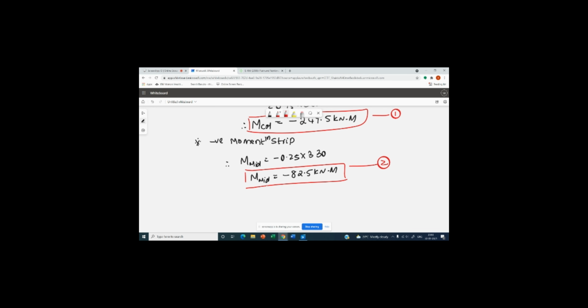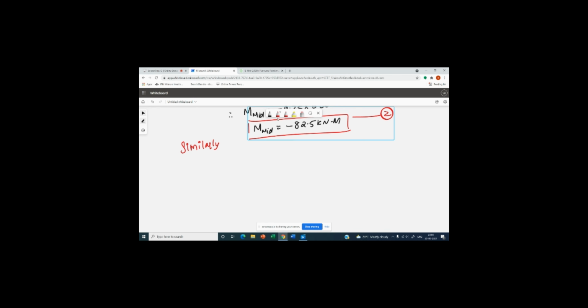Similarly, the same step we will repeat for positive bending moment, but the percentages will be different: column strip 60%. So let us find out positive bending moment in column strip.